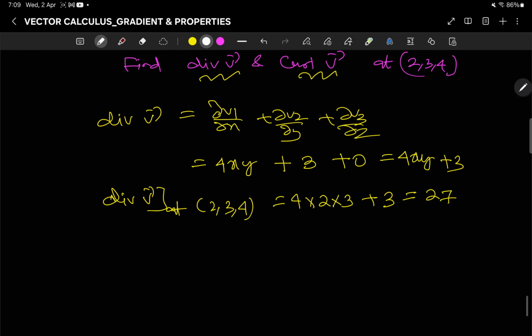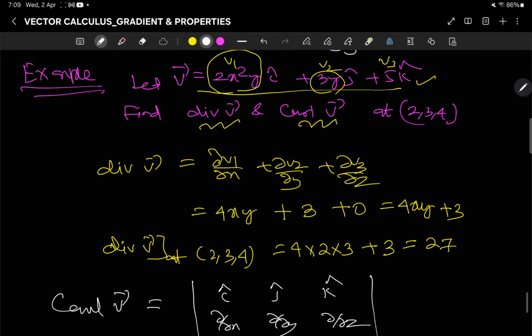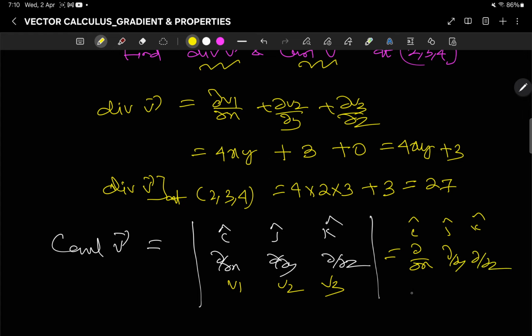Similarly, if you are asked to find curl of v, curl of v means here i j k, del by del x, del by del y, del by del z, and here v1 v2 v3. You have to find the determinant of this. So I can substitute i j k, del by del x, del by del y, del by del z, and here v1 is 2x square y and it is 3y plus 5.